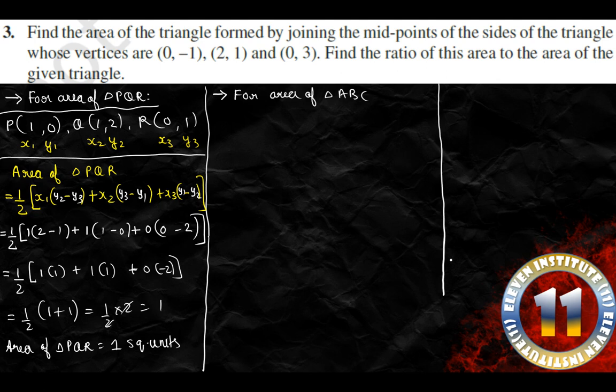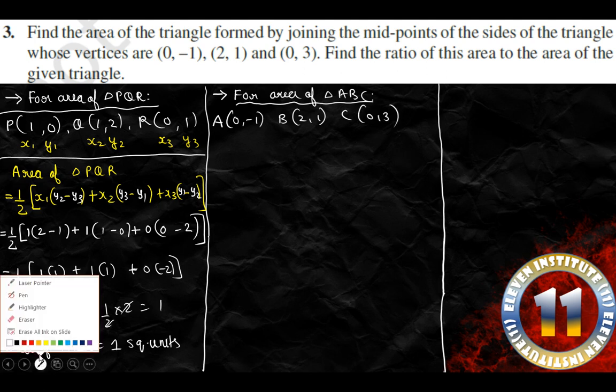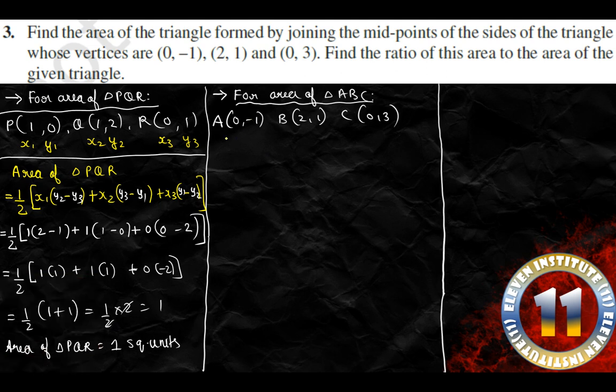Again, first we will need the coordinates of A, B and C. The coordinates of A are 0, -1, B are 2, 1 and C are 0, 3. Now this is x1 and y1, x2 and y2, x3 and y3.